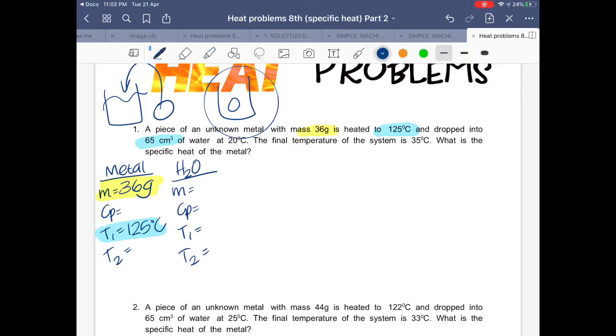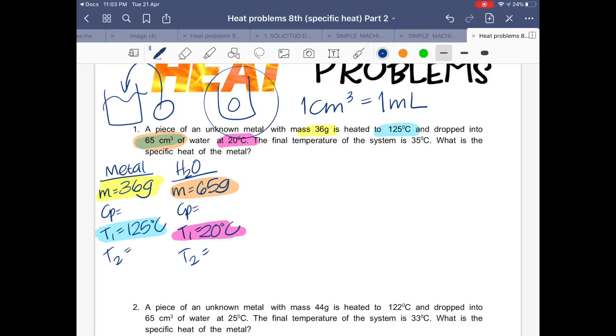Now, I don't know if you remember in the other video, I said that 1 cubic centimeter of water at room temperature is 1 milliliter. So it means that we have a mass of water of 65 grams. And the initial temperature of the water will be 20 degrees Celsius.